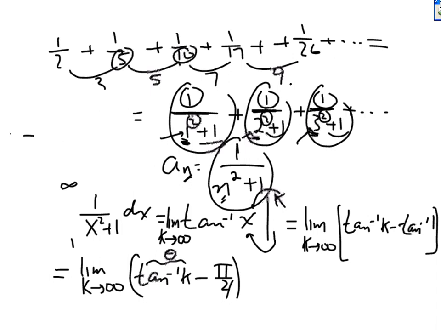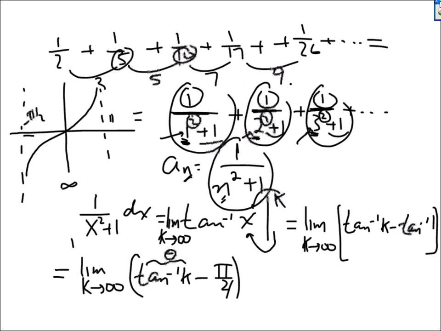The tangent curve goes like this, where this is negative pi over 2, and this is positive pi over 2.